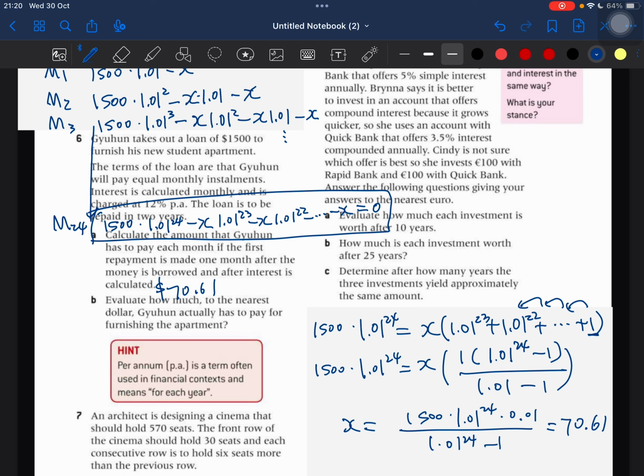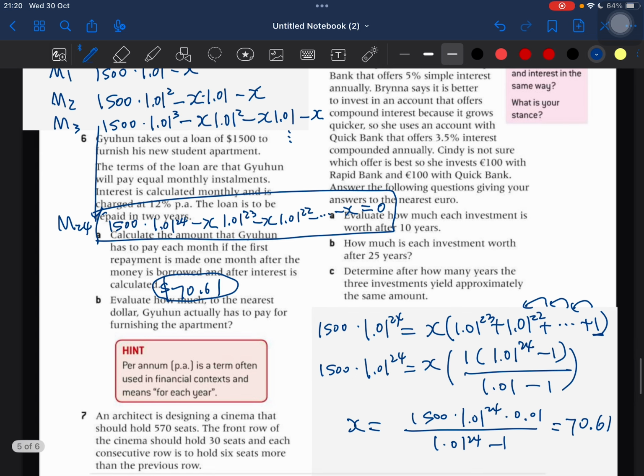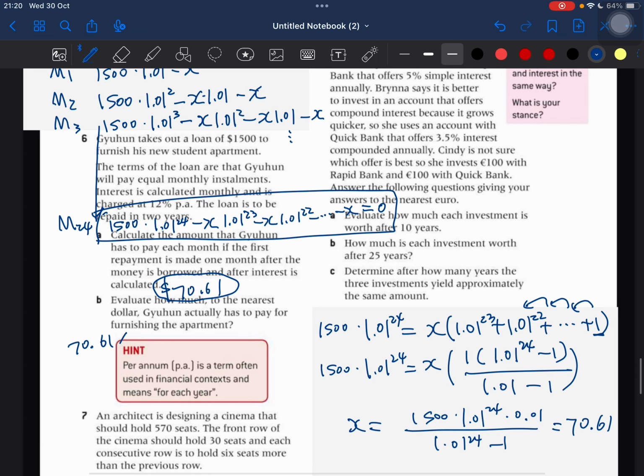Evaluate, to the nearest dollar, how much Gyuhun actually has to pay for furnishing the apartment. Because every month he pays this amount, and he will pay 24 times. So 70.61 times 24.